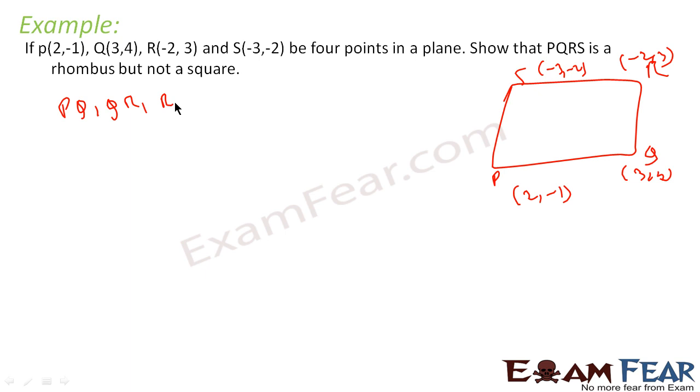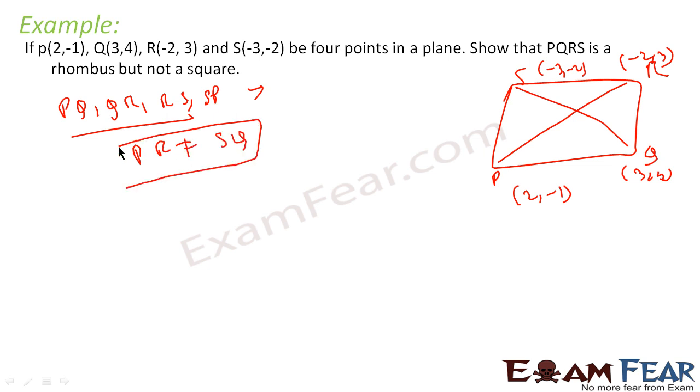You will find that all sides are equal using the normal distance formula. Distance between P and Q is root of (3 minus 2) square plus (4 minus minus 1) square. Like this you can find the distances. Then also find the diagonals. You will find that PR is not equal to QS. Since the diagonals are not equal, while the sides are equal, it is a rhombus, not a square. That is the approach you have to follow.